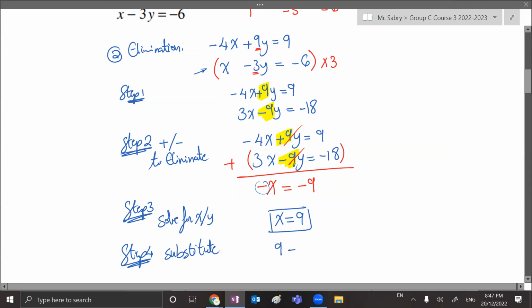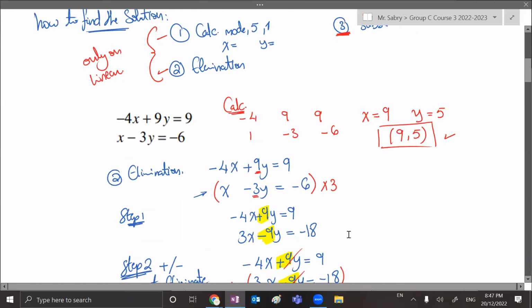Instead of x I'll put 9, then I'll move the 9 to the other side, so negative 3y will be equal to negative 15, and then negative 3 goes to the other side by division, so y will be equal to positive 5. Now I have x and y, so I have the solution as 9 and 5. And that's it. I solved it. I got the exact same answers as the calculator did.